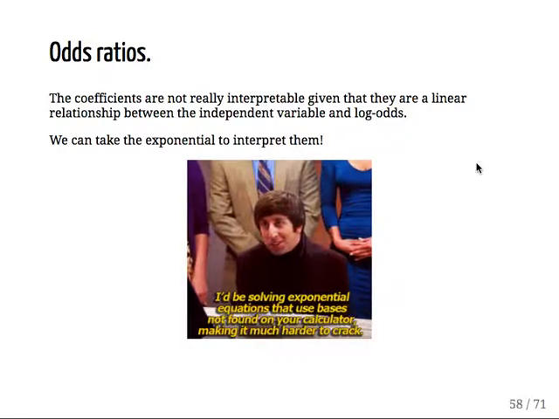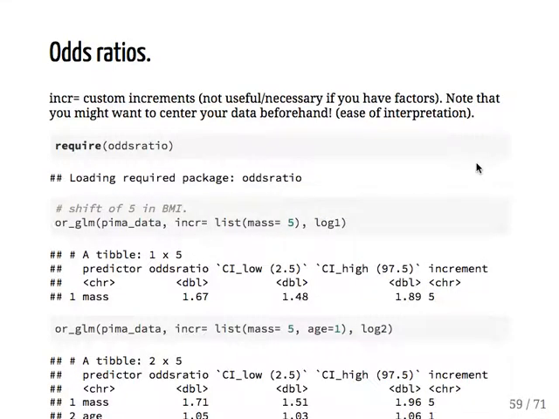You have to remember that what we're doing here is looking at the association between the log odds and the independent variable in this type of model. So we can take the exponential to solve this, and we can do that again via a package. So we can say odds ratio.